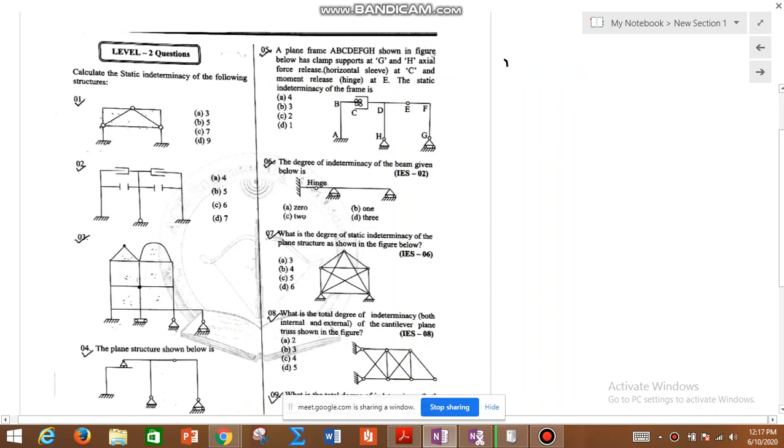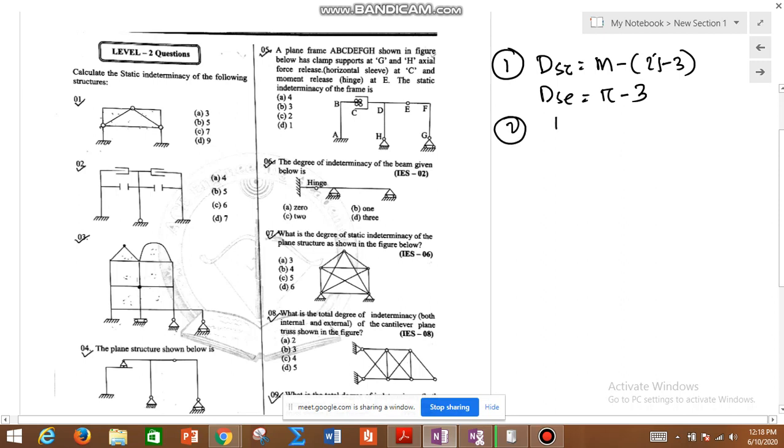In the pin jointed case, the internal static indeterminacy DSI is m minus 2j minus 3, hmm, and the external static indeterminacy DSC is r minus 3. In the case of a frame, the static indeterminacy we find as 3m plus r minus 2j.